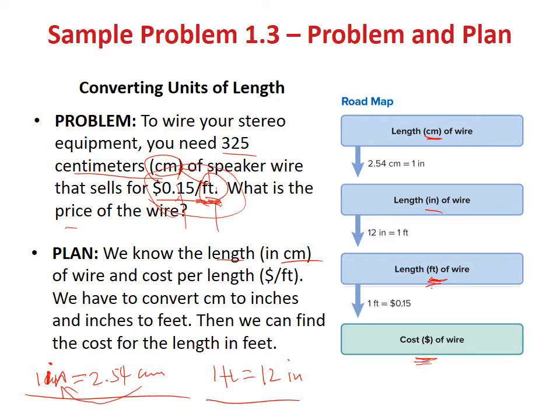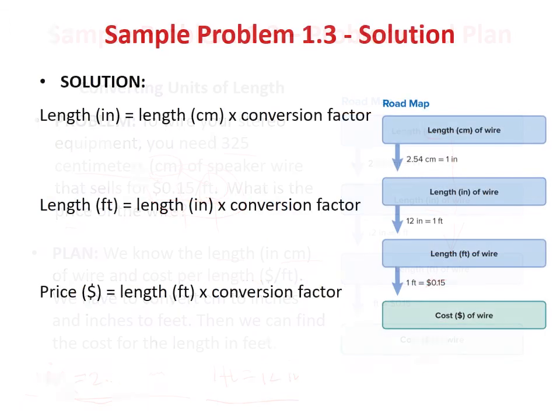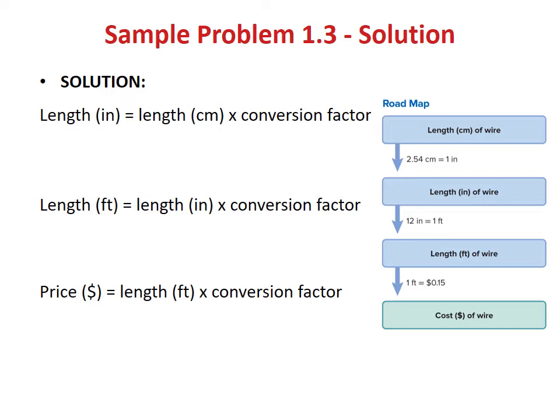If you have a conversion factor from centimeter to feet directly, you can use that instead of two steps. We'll see in the next slide how we make the calculations. We already have a plan: change the length unit from centimeter to inch, then inch to foot, and from feet to dollar.